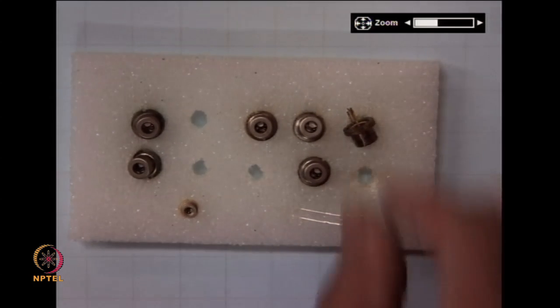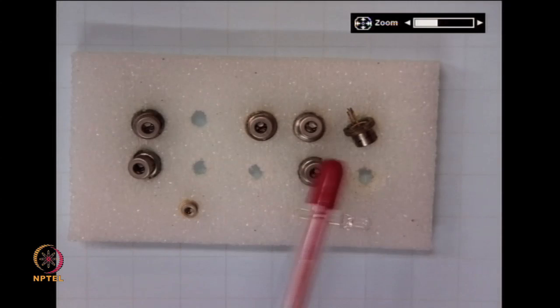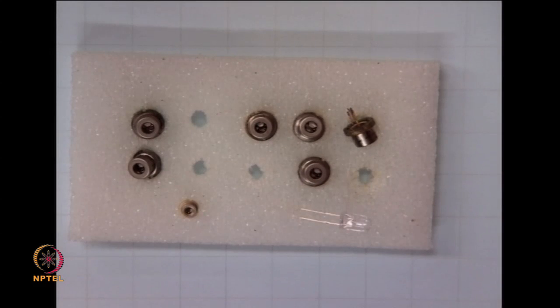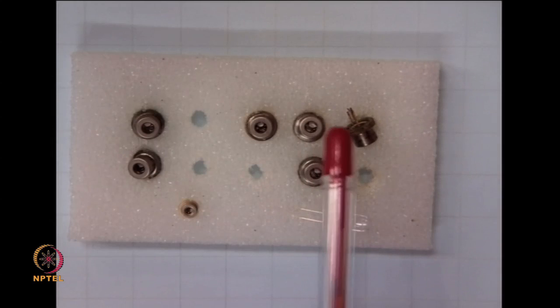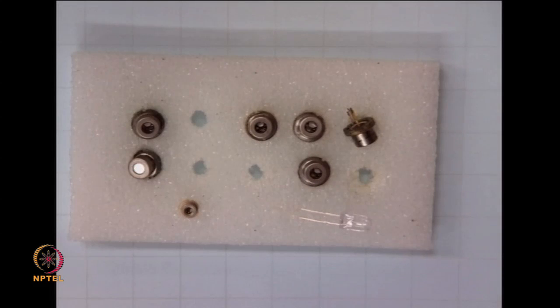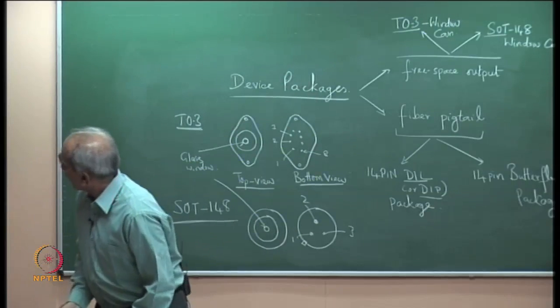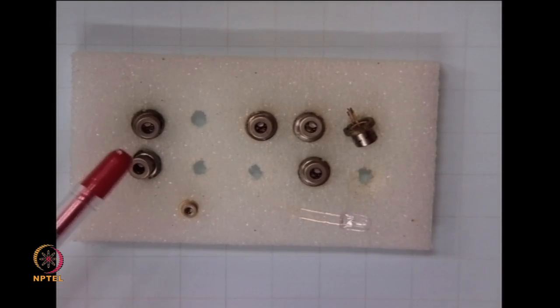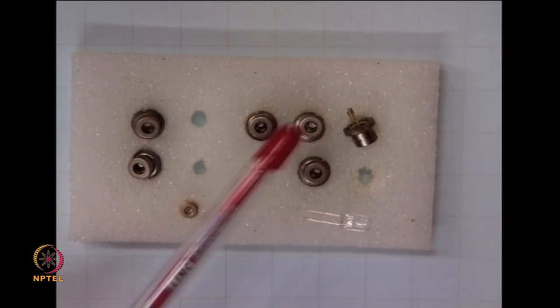So, I can touch that, but it is important that you see that there are 3 terminals there. These are the same 3 terminals here, 1, 2, 3, and that is the bottom view. And the top view, as you can see, has a glass window in each one of the devices.